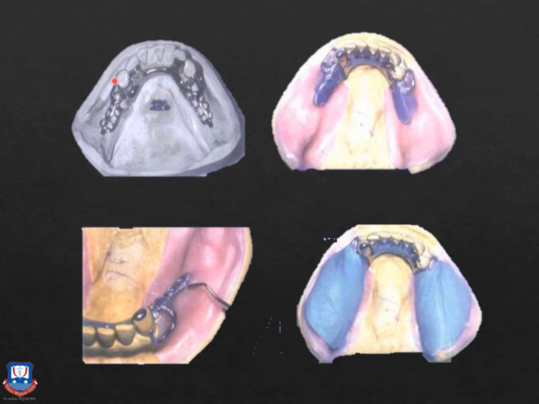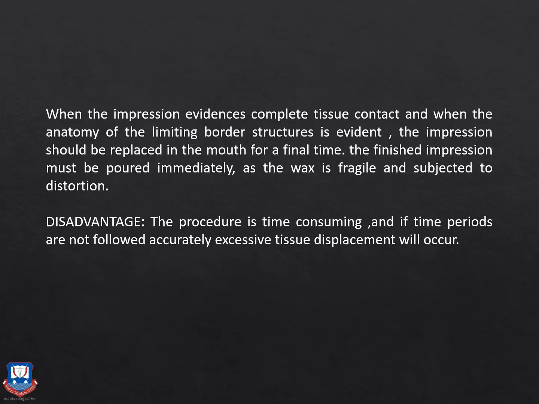So this is the cast partial framework. First we block out any undercuts on the master cast, and then light cured or self cured resin record bases are attached to the distal extension lattice framework, and then the impression is taken with a mouth temperature wax by asking the patient to do various functional movements like moving the tongue, swallowing, and masticating for 20 to 30 minutes.